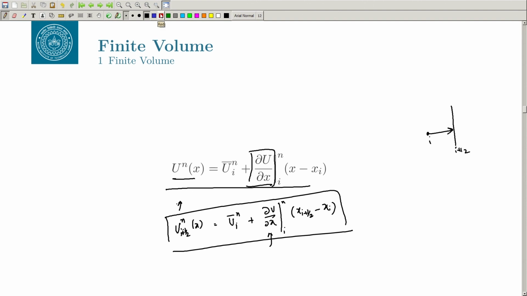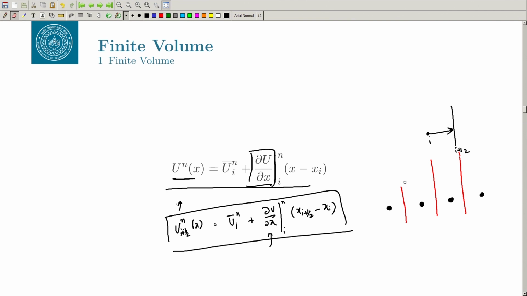Let us say that I have 3 interfaces: this is 1, this is 2, and this is 3, and you have the cells here. One thing you can say is that within one cell the variation is just uniform, that means you have a constant value.